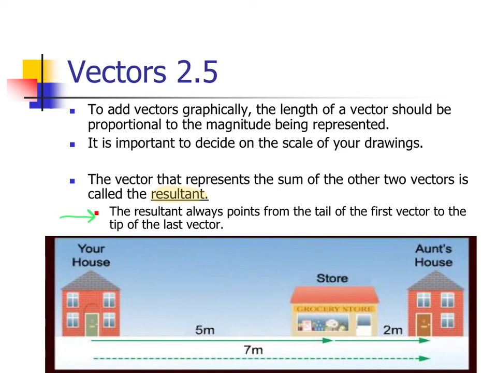The resultant always points from the tail of the first vector, your starting point, to the tip of the last vector.